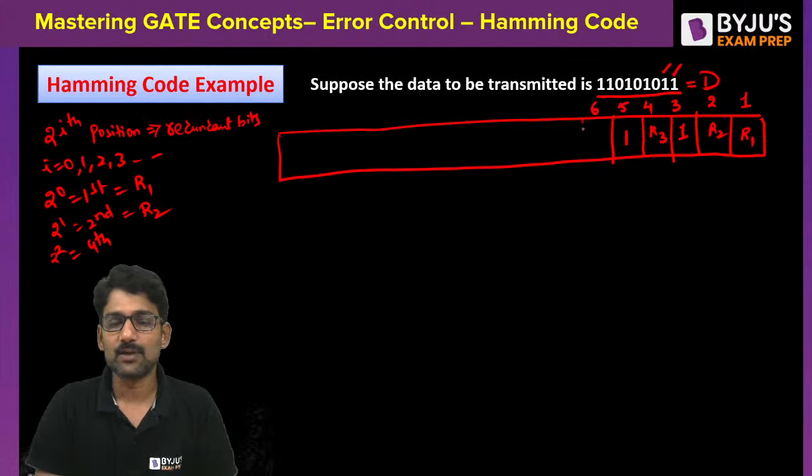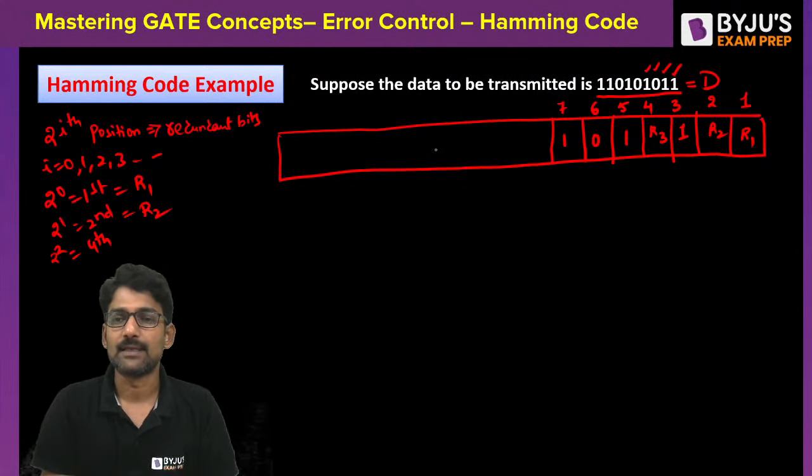The sixth position is not, so place the next bit, 0. Seventh, 1. I am placing these data bits as they are. The eighth position is again a redundant bit position, so I will place R4.